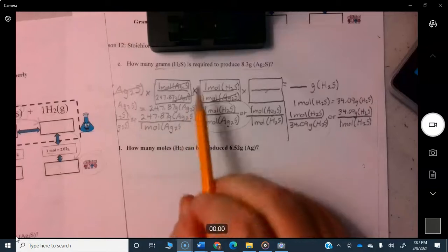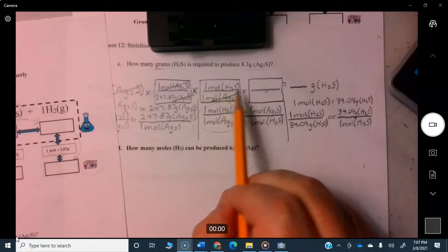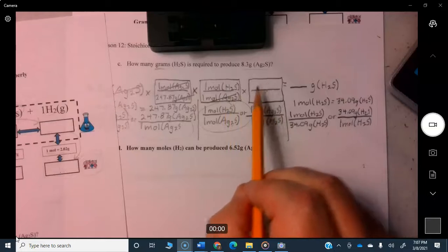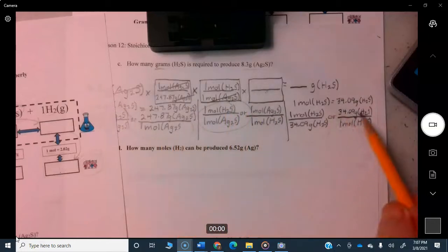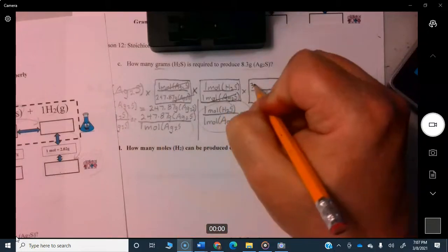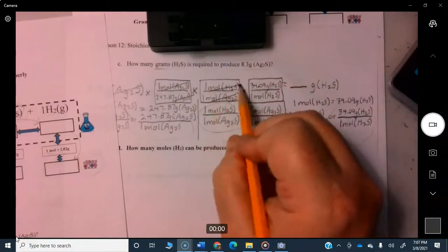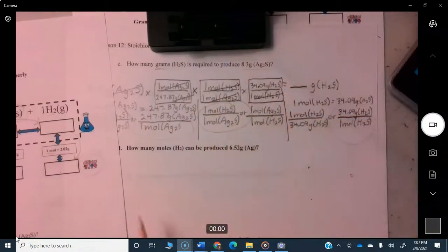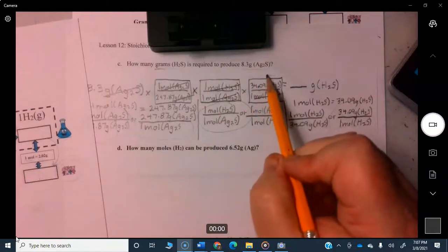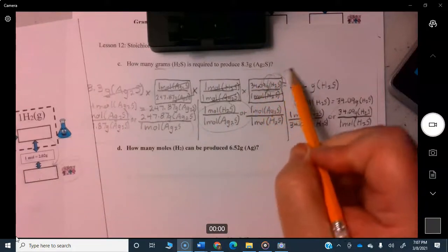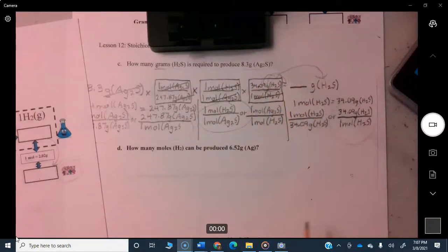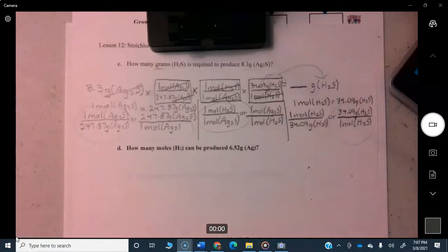Well, we need moles of H2S to cancel out, and we need grams of H2S to be on the top for our final answer. So it's going to be this one right here. Okay, so moles of H2S cancels with moles of H2S. Everything is canceled except what we want for our final unit. That right there, and that goes over there. So that means we have our equation set up correctly now.